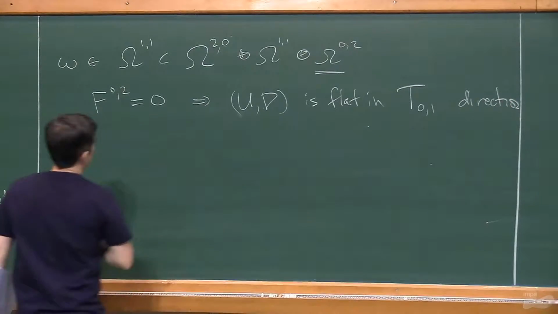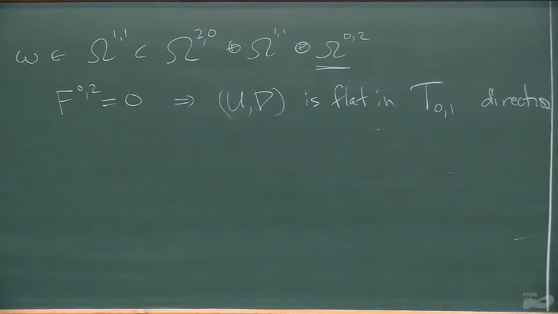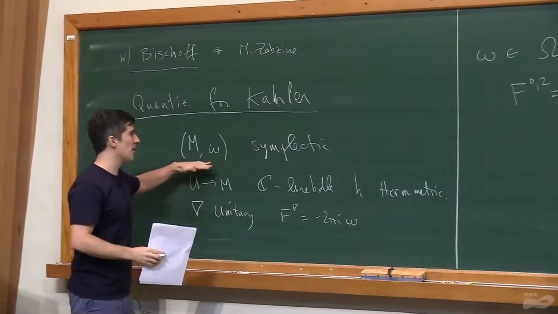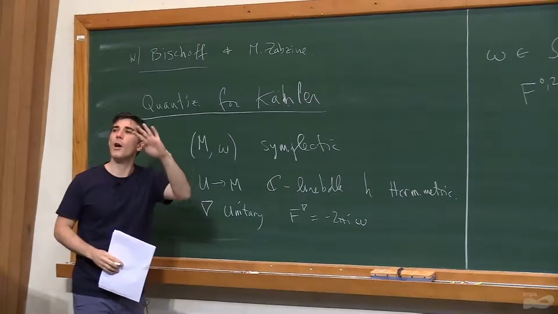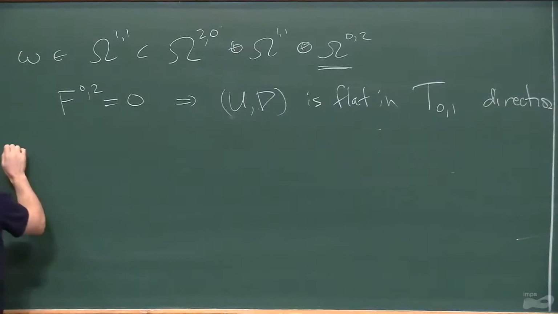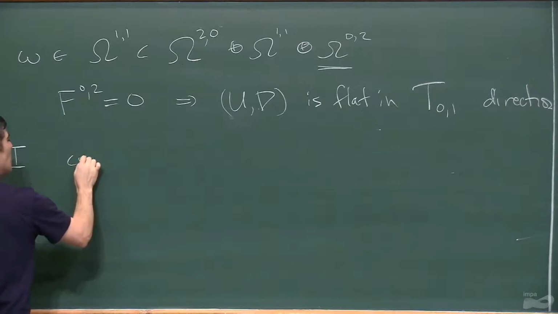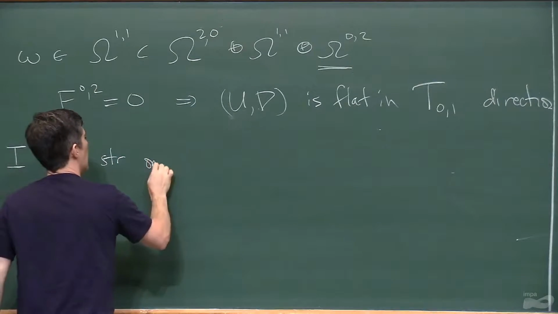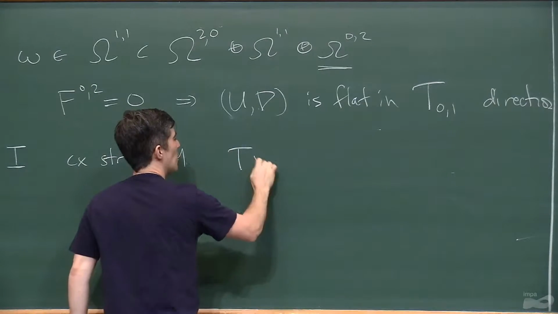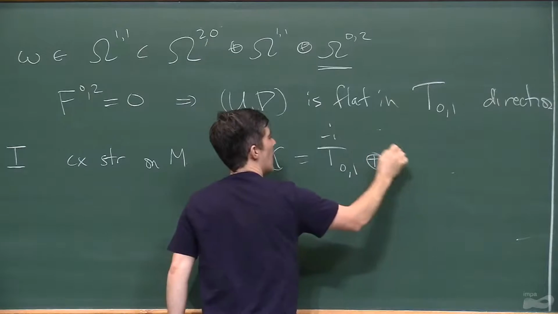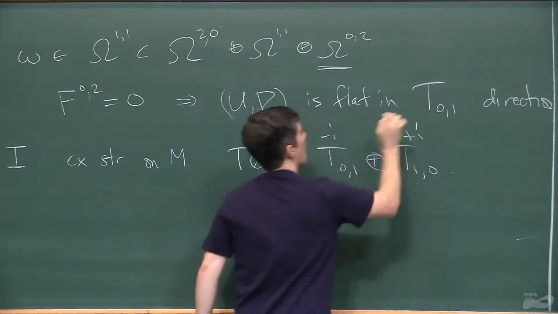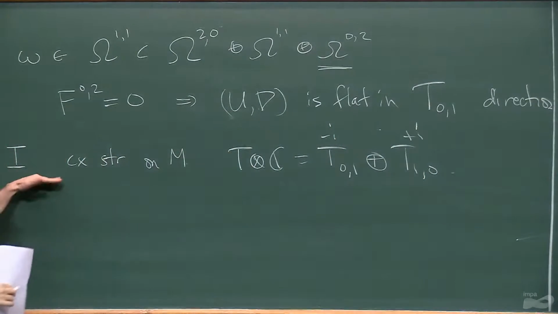Okay. Now, what did I do here? All of a sudden, there are these 0,1, 1,1, 2,0. Where did this come from? It's not part of the symplectic geometry. All of this came because I chose a complex structure. So all of this is a complex structure on the manifold. The tangent bundle splits into the minus i and plus i eigenspace of the complex structure.